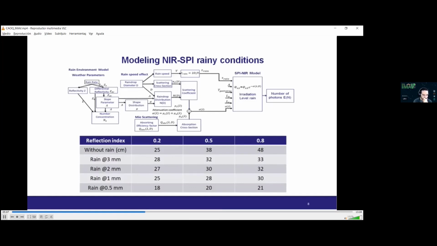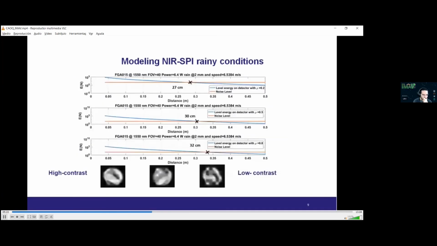They define the range measure for the different fog particles from 0.5 millimeter distance to 3 millimeter heavy fog. The effective range measure is from 17 to 33 centimeters. In the range measuring, we can see that the number of photons degrades in relation to distance. We can see the constant degrade from the high contrast to low contrast in relation to distance.